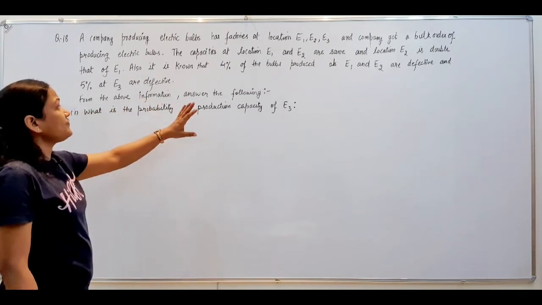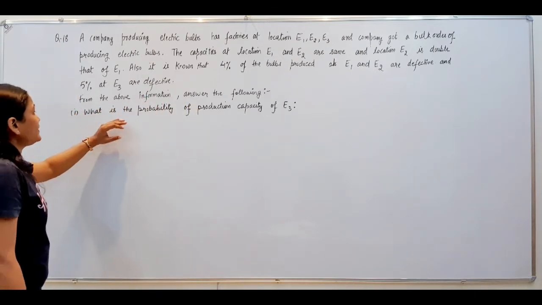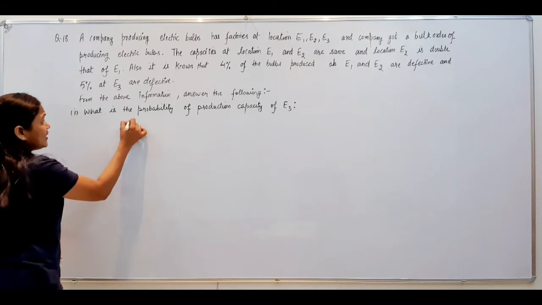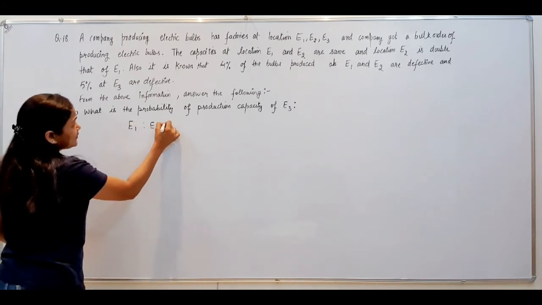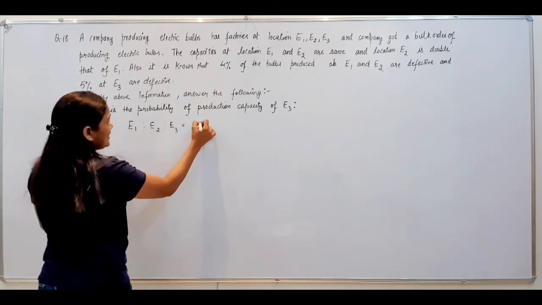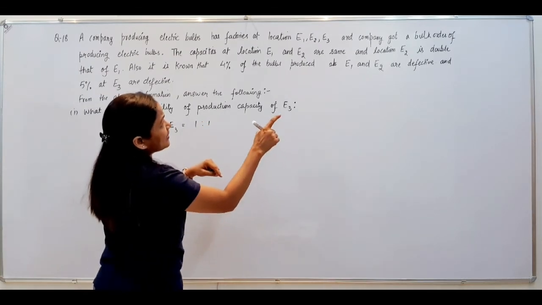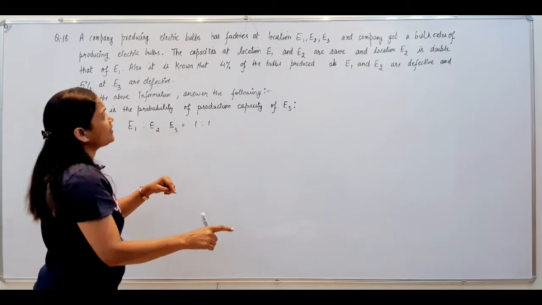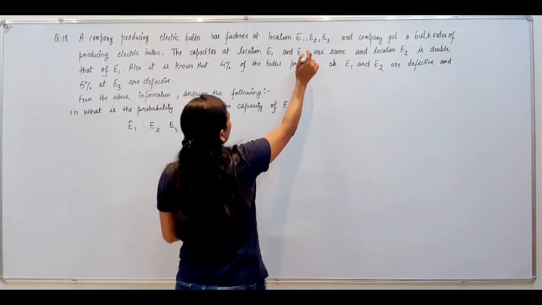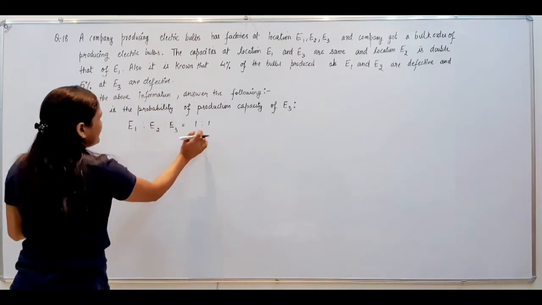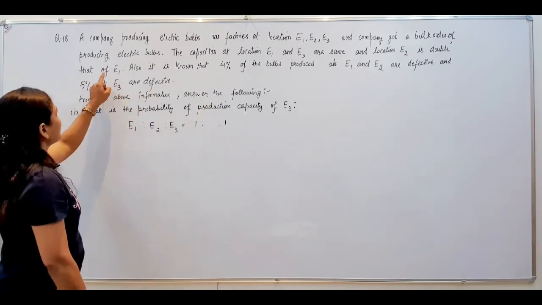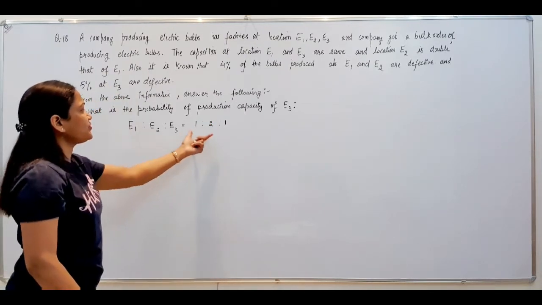Now from the above information answer the following. Your first question is, what is the probability of production capacity of E3? Now look, E1 is to E2 is to E3. They are saying E1 and E3 have the same production, and at location E2 it is double that of E1. And at E3 your production is equal, and at E2 your production is double that of E1. So here the production ratio is this.